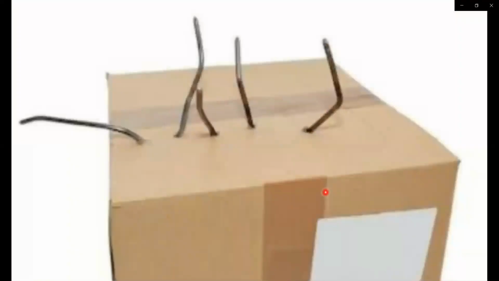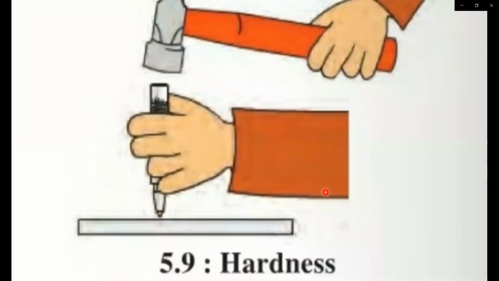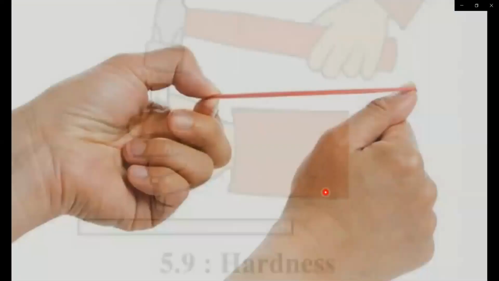It can pierce the cardboard sheet with the same effort. Why does this happen? The hardness of a substance is determined by how much resistance it offers to the substances being pushed through it. That property is called hardness.